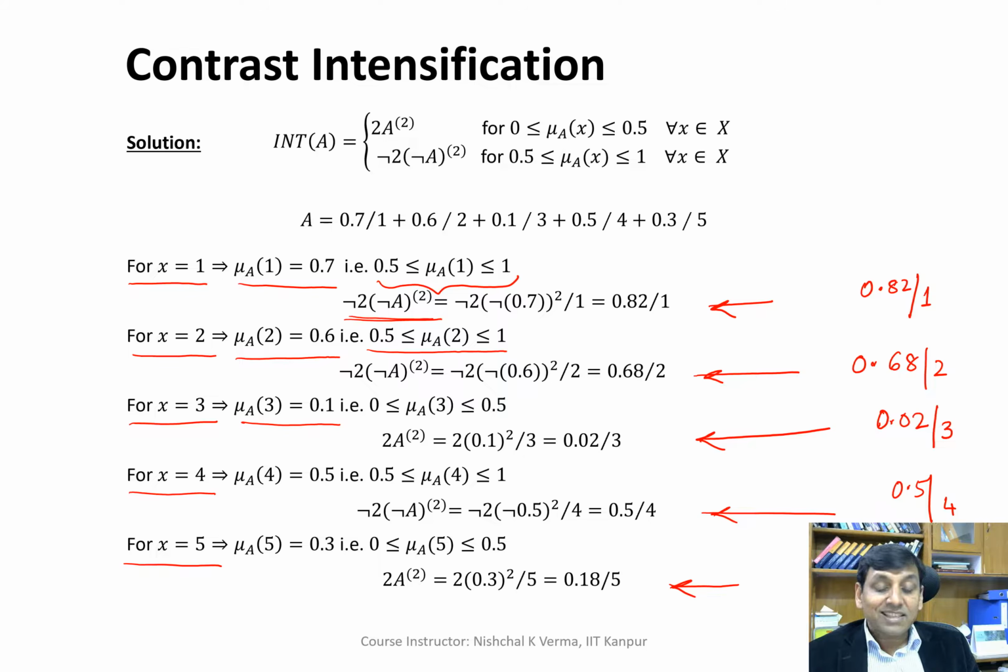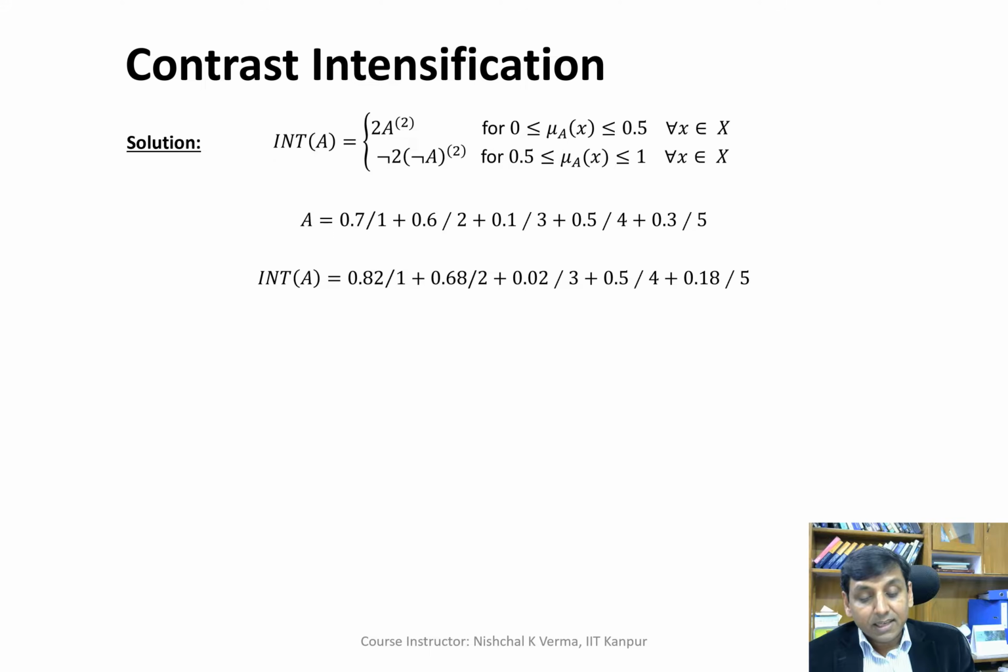This is called contrast intensification of a fuzzy set. When we apply these expressions, as I just discussed, for these two conditions, and compute these new membership values, new membership grades, for the respective generic variable values, we get all of these computed.